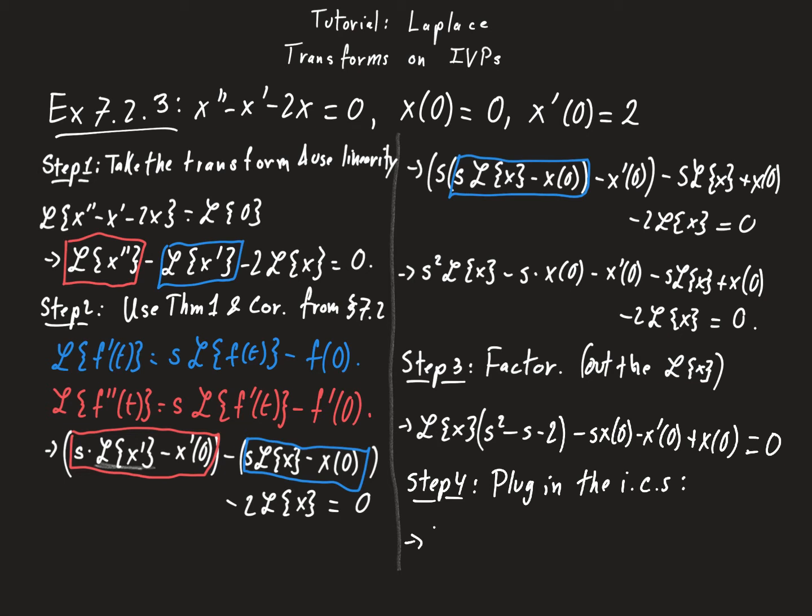And so this is going to give us the Laplace transform of x times s squared minus s minus 2, minus s times x of 0, which is 0, minus x prime of 0, which is 2, plus x of 0, which is 0, is equal to 0.